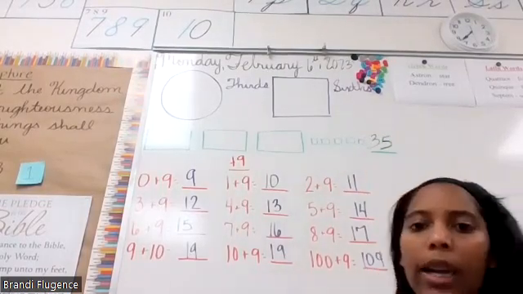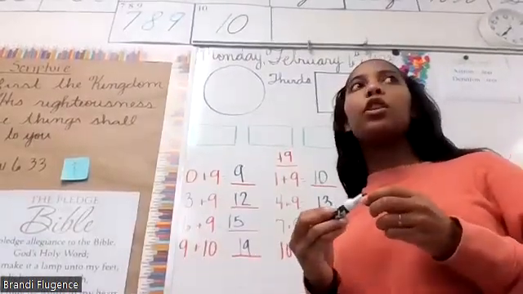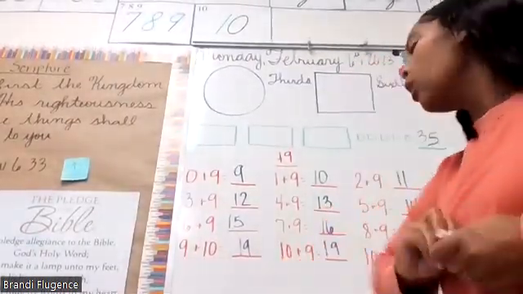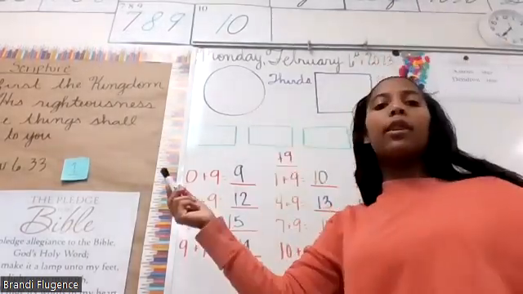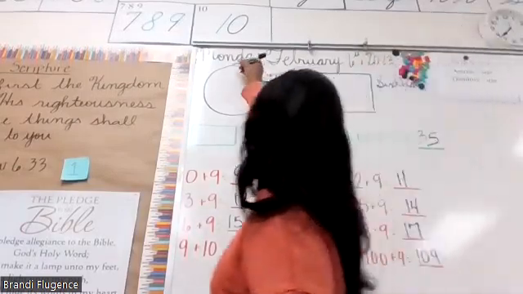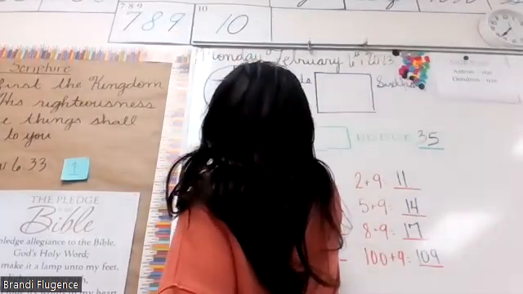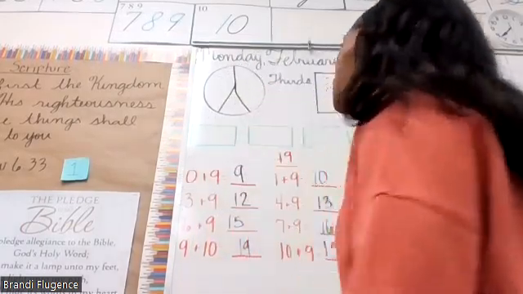All right, so we're just going to learn two new ways to divide some shapes. We've learned halves, which are divided into two pieces, and fourths, which is divided into four. Today we're going to learn how to divide in thirds. Obviously, thirds is going to be how many pieces? Three. So we can divide shapes into thirds where we divide it into three pieces. This is how we divide a circle into three pieces.